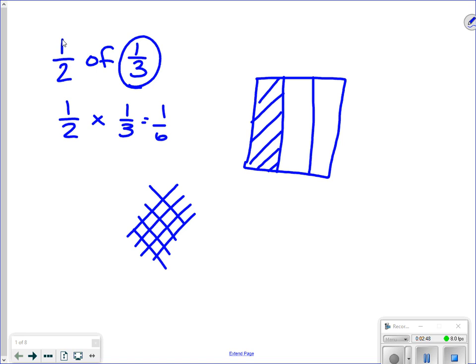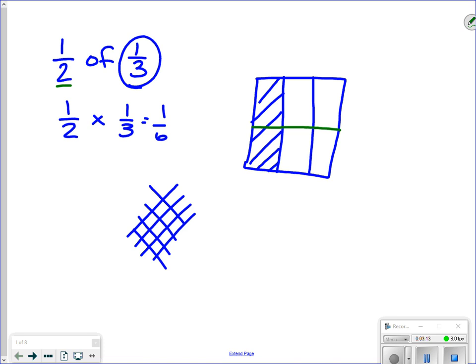So I took my 1/3 of my pan of brownies, and I decided that I wanted to cut the 1/3 that I have left in half. I'm going to go in an opposite direction.